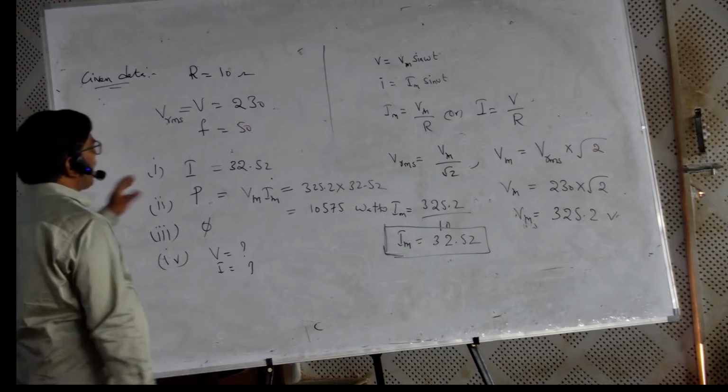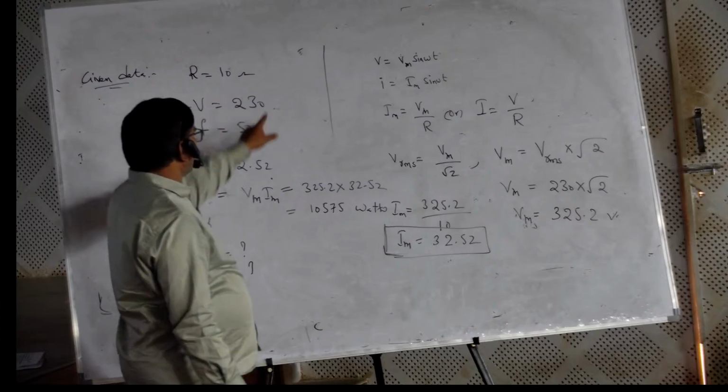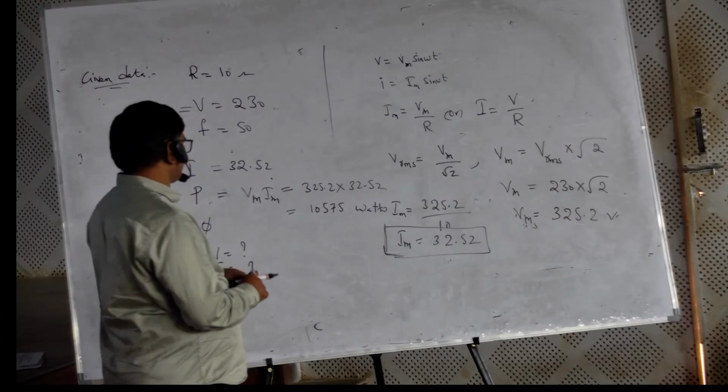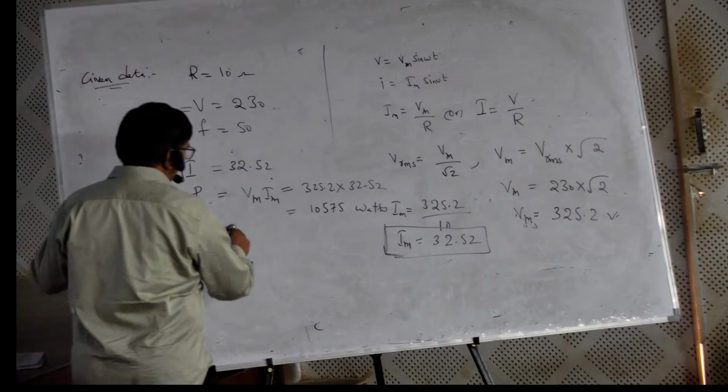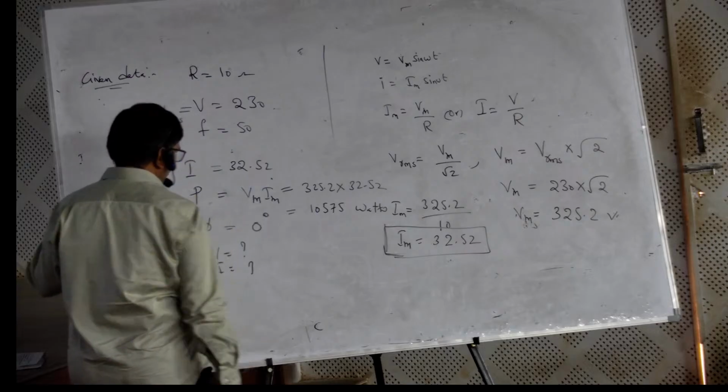Or you can write down 230 into 32 also. That is also correct. The phase angle is always 0 degrees for the resistive network.